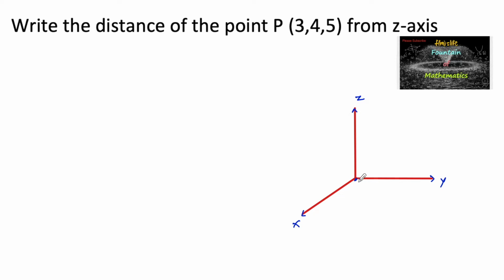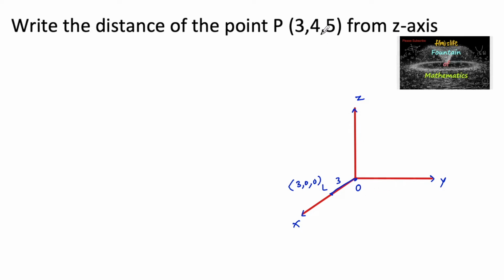So let's consider the point of intersection is origin, and the point (3, 4, 5) is located. So we consider 3 units on x-axis. So let us take L is the point such that OL is equal to 3 units. So L can be considered the point (3, 0, 0), because any point on x-axis is x coordinate and y coordinate, z coordinate will be 0.